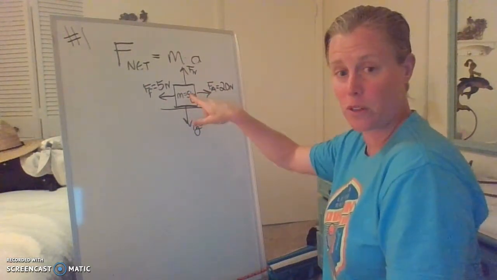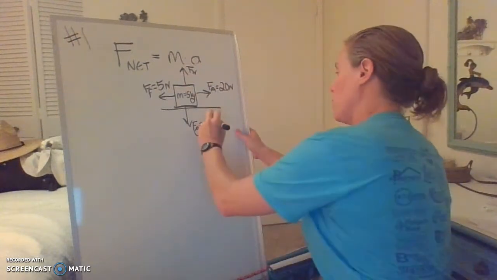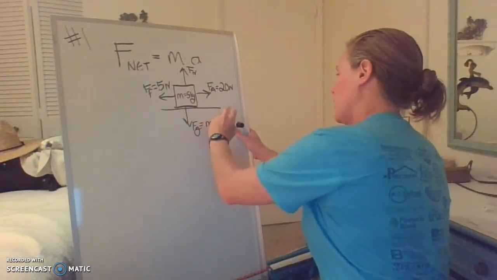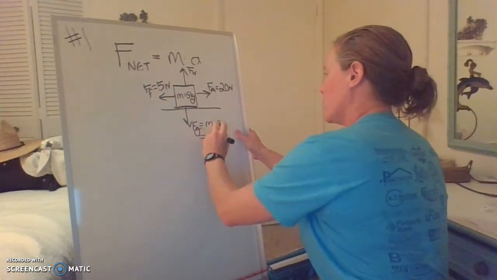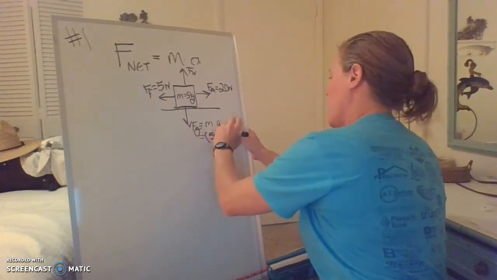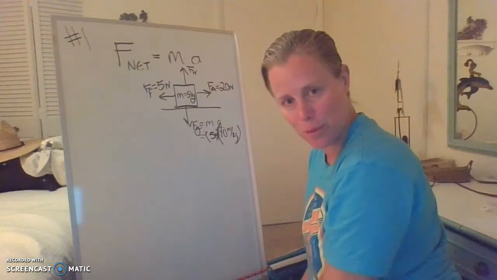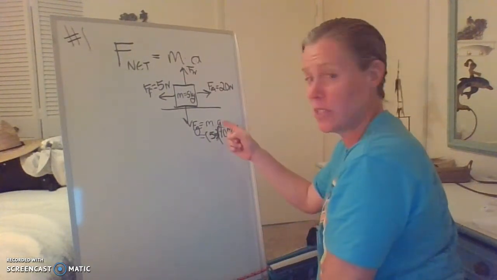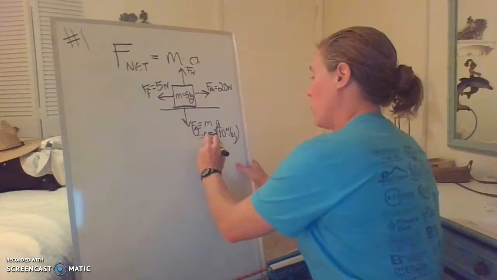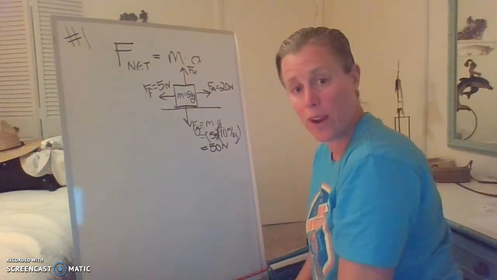So my force of gravity is going to be equal to m times little g. That's 5 kilograms times 10 newtons per kilogram. Do you guys remember that? I'd be putting this equation in where I get 50 newtons of force gravity.